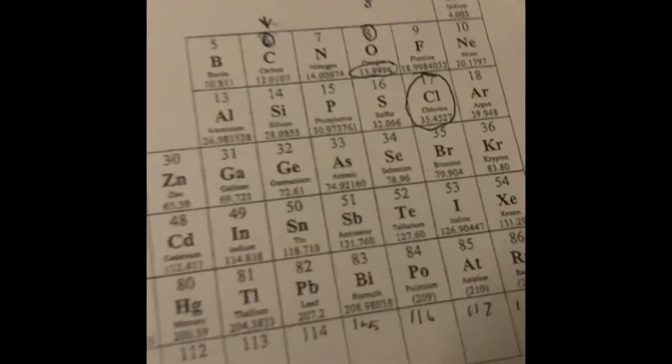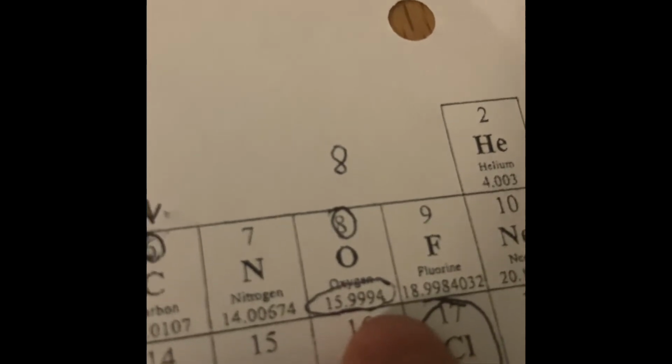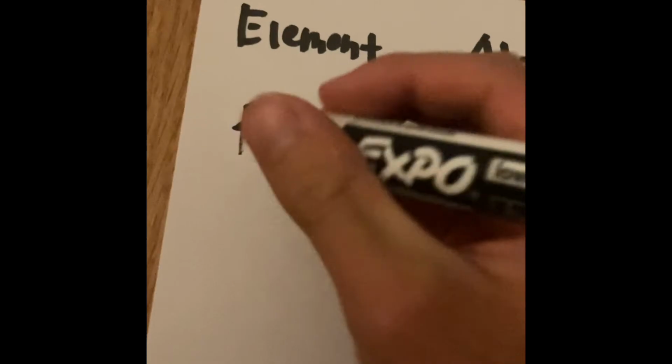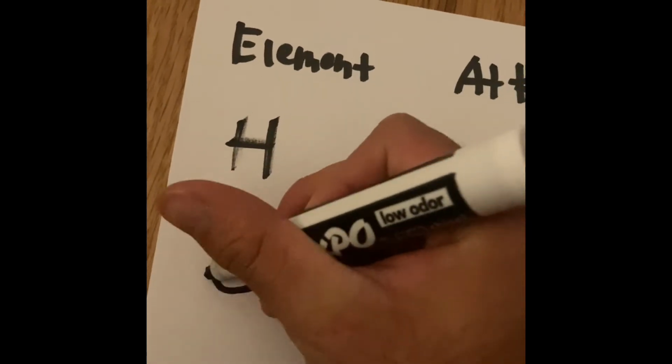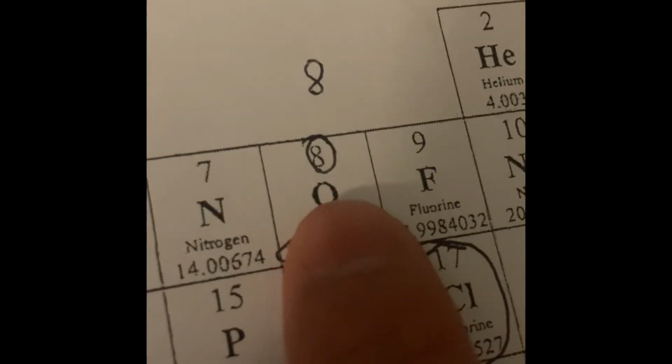Let's try oxygen, because that is an essential element for what we can use. So we understand the symbol is O. The top number for oxygen is going to be the number 8.